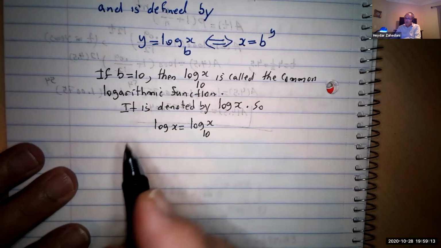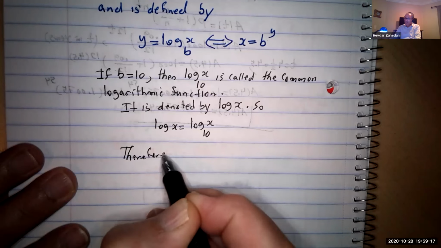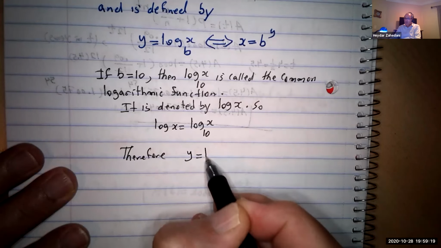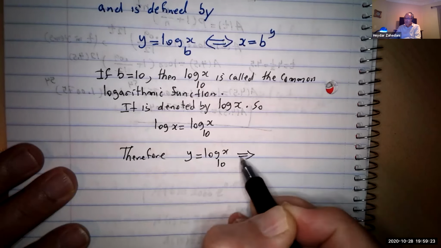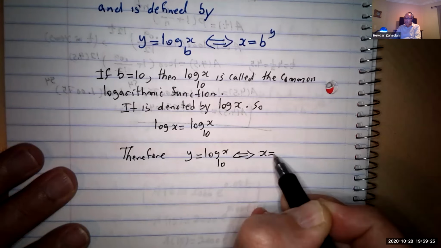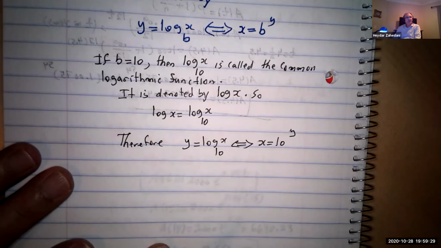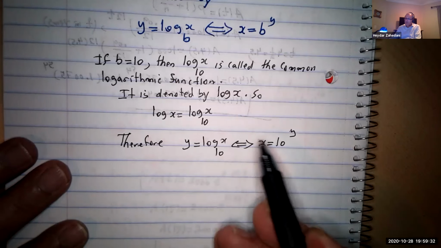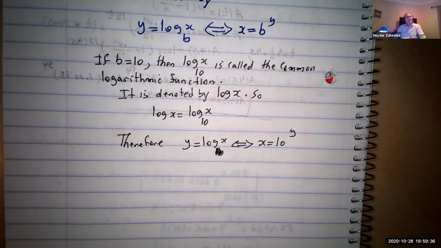Therefore, y equal to log x at base 10 if and only if, in exponential form, x equal to 10 to the y. I'm going to drop the 10, so if you see it, you must know it yourself.